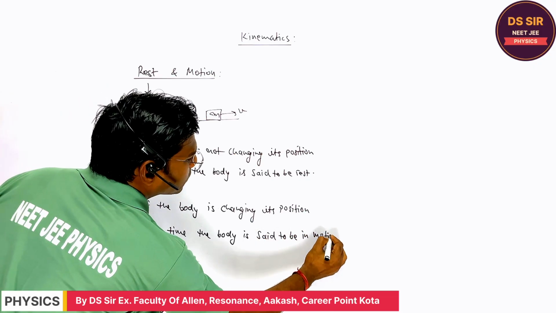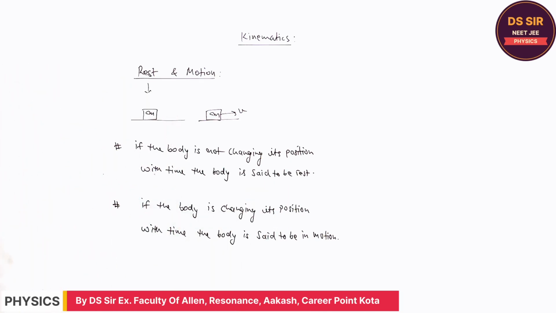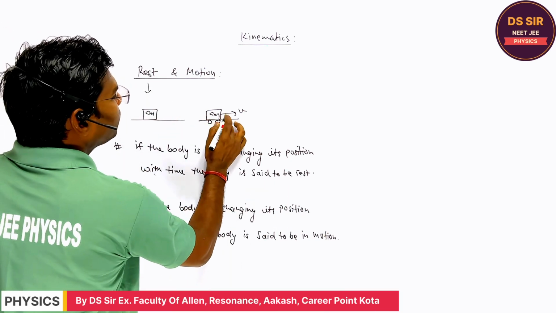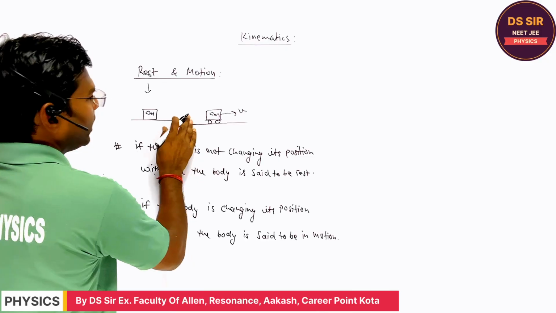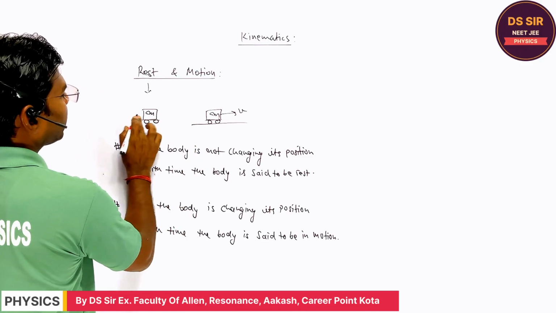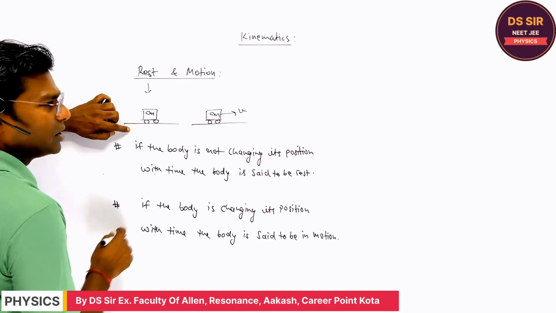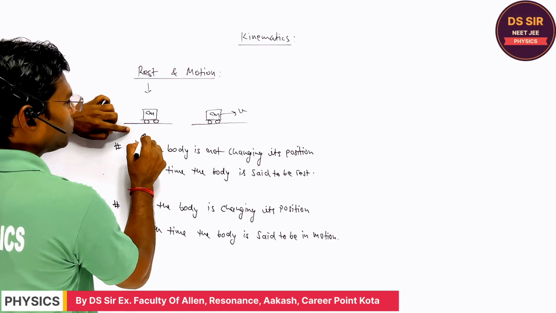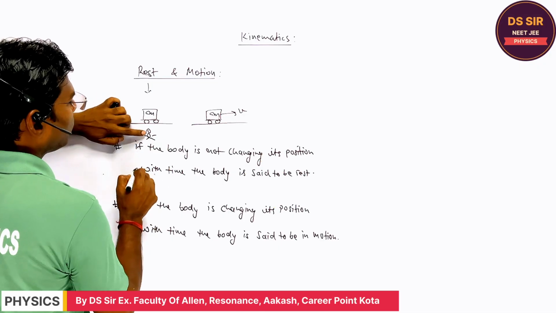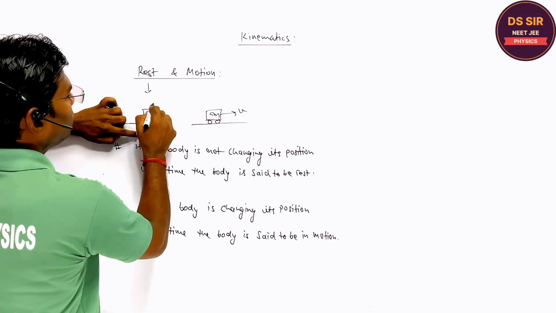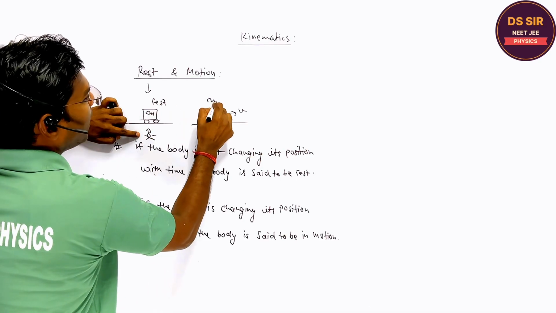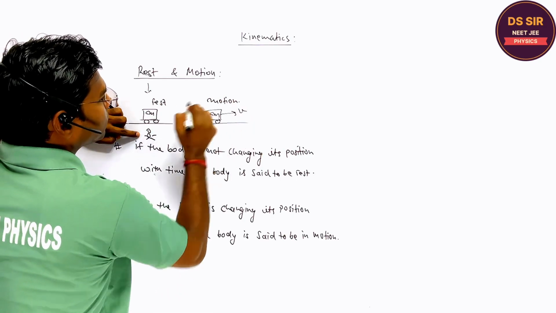You understand or not? For example, listen to one thing. If there is a car moving with velocity, and a body that is at rest and not changing its position, then with respect to the ground, if you are standing on the ground, this body is said to be at rest and this car is said to be in motion.